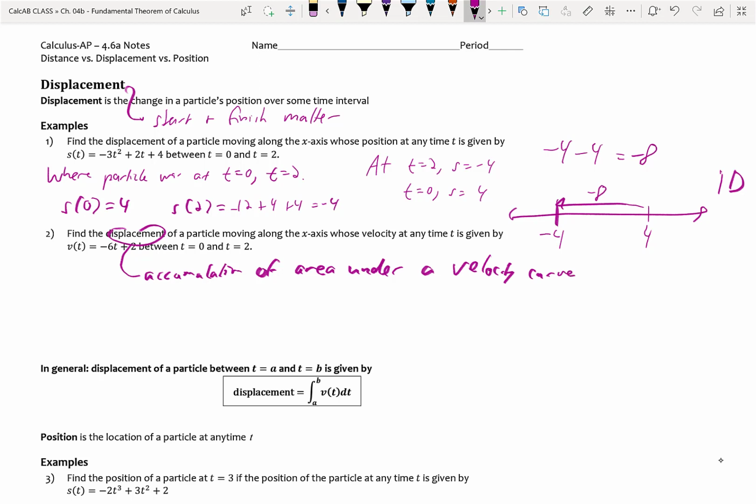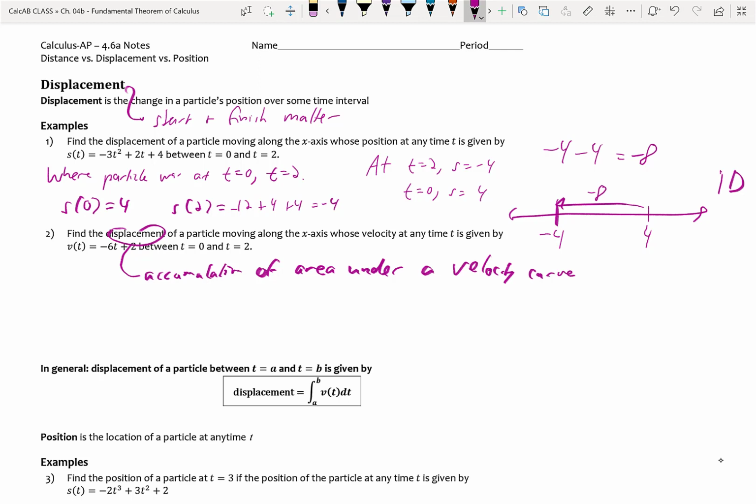Because if the integral of velocity is position, and I start to accumulate multiple positions, that accumulation becomes the integral. It's not just a sum of positions, it becomes how far it moved.